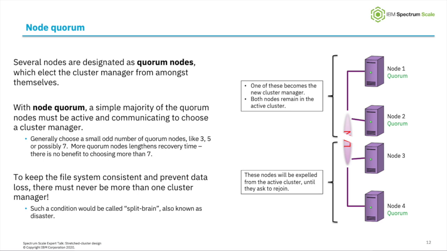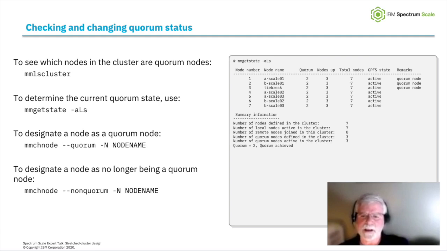So how to set your quorum nodes? My recommendation is you plan on either 3 or 5 quorum nodes all together in your cluster. Maybe for a larger cluster, you might consider a total of 7. There's no reason to ever go with more than 7 quorum nodes. At any time, you can see which nodes are quorum nodes.